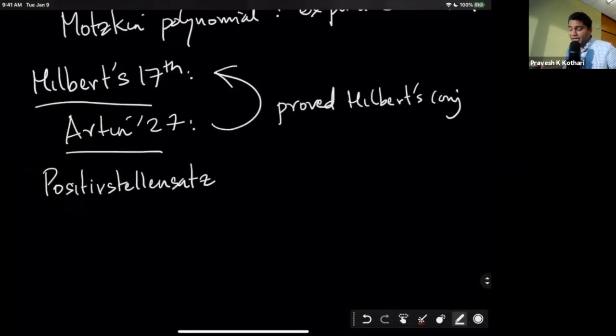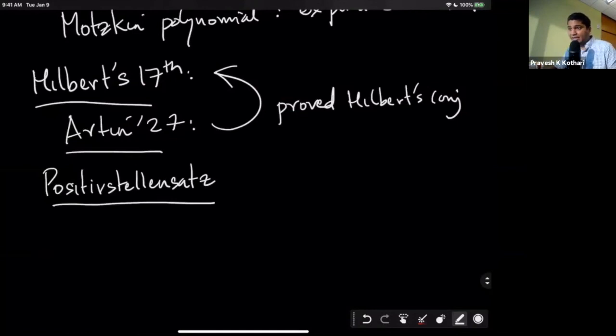These are the thing that I referred to earlier: representation theorems for non-negative polynomials. If a polynomial is non-negative over a domain, can I say something about how it can be represented in some simple, nice way? Sum of squares is one such representation, and positive Stellensatz theorems in general give you ways of representing such non-negative polynomials.